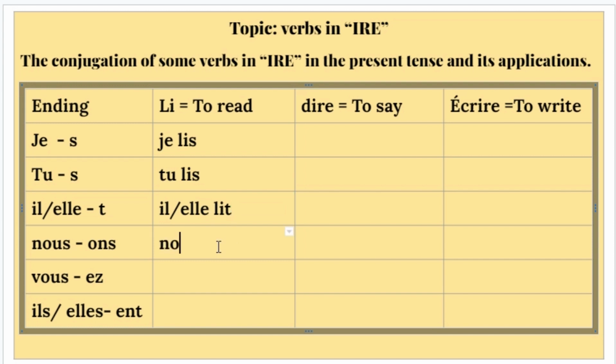Now for nous, we have li, and the ending is ONS. However, there is a slight change here. It's going to be nous lisons. We add S before ONS, and the same thing happens with vous: we are going to have li, then S, EZ.